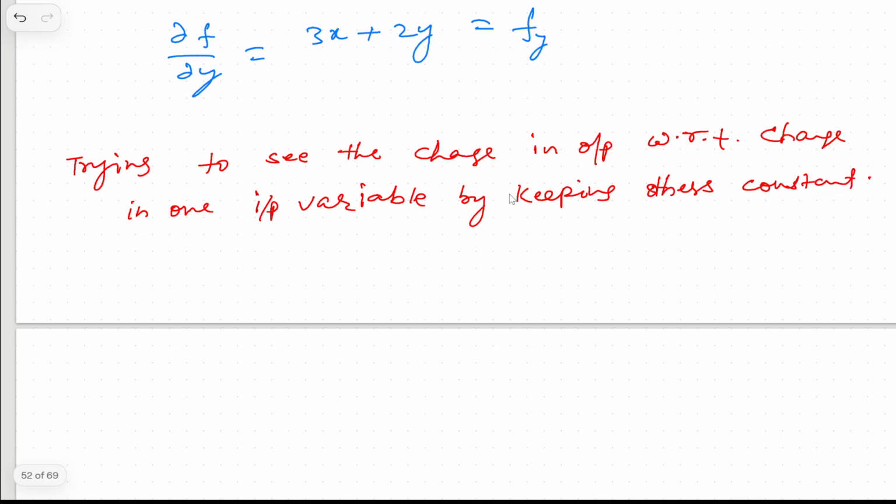That means we are only changing one input and we are keeping the others the same all the time, and we are trying to figure out what is the change in the output based on this particular input's change, right? And this is exactly what is called training.